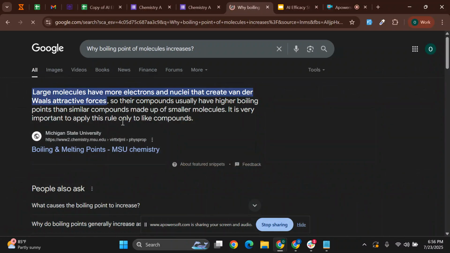Large molecules have more electrons and nuclei that creates van der Waals attractive forces, so their compounds usually have higher boiling points than similar compounds made up of smaller molecules. It is important to apply this rule only to like compounds.